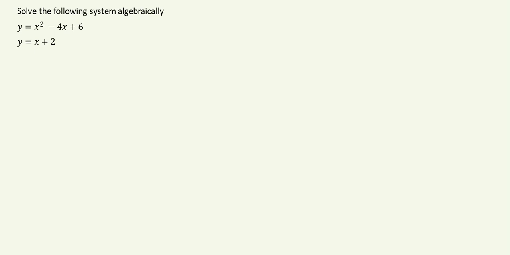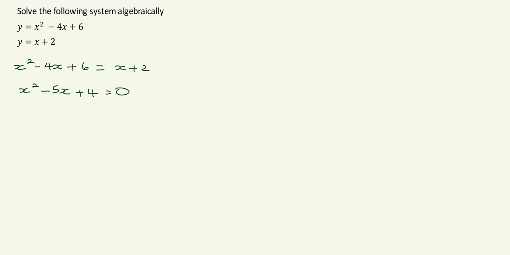So the first thing we're going to do is look at the forms, they're in the desired form. So we have x squared minus 4x plus 6 equal to x plus 2. So we're going to group common terms together. We have x squared minus 5x plus 4 equal to 0.